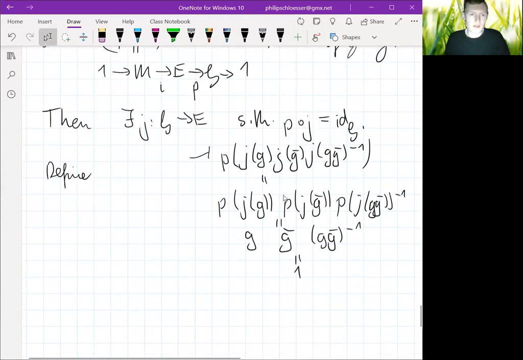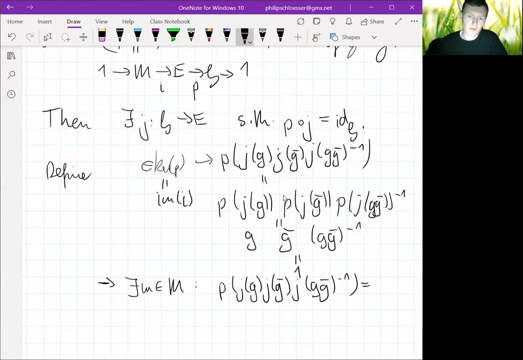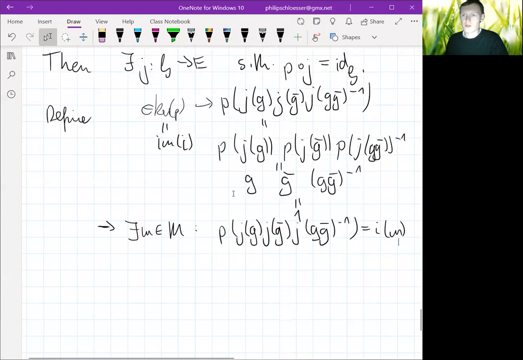So this object here is an element of the kernel of P, but the kernel of P is the image of I. So there exists an M in M such that P J G, J G prime, J G bar inverse is equal to I of M. And using the axiom of choice, we can just define omega to be such a thing.